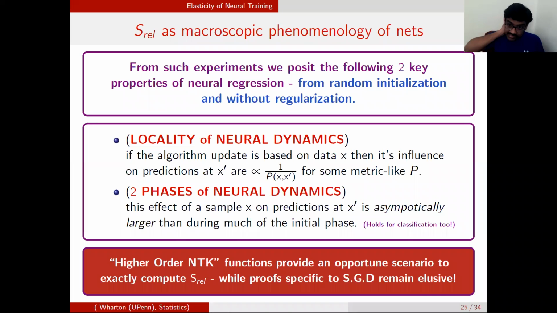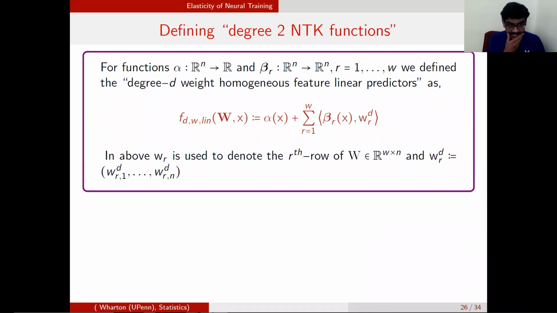The question is, what kind of function spaces can we write down on which this is maybe somewhat reproducible mathematically? So we come up with a function class to do such an analysis, what I call the higher order NTK functions. Let me define them. These are the class of functions I'm going to focus on to build a mathematical model for elasticity.